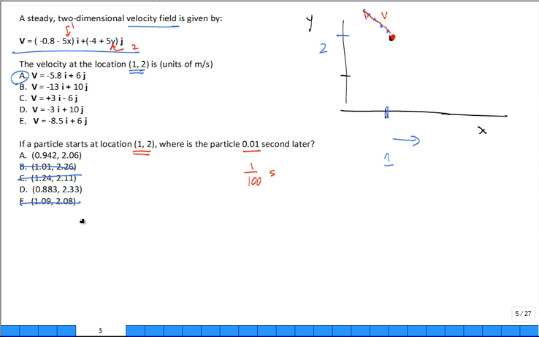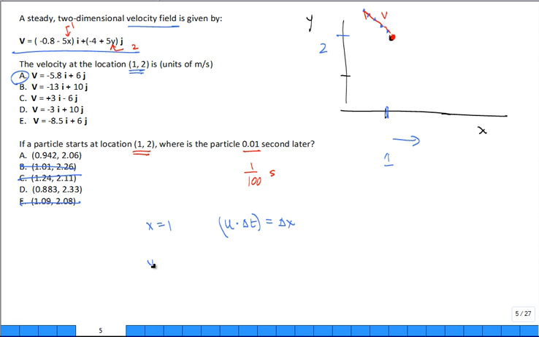So now what you do is you say, it starts at the location x equal to 1, and its speed in the x, u, times the time it's taken for the travel. Doesn't that give me a change in the x?